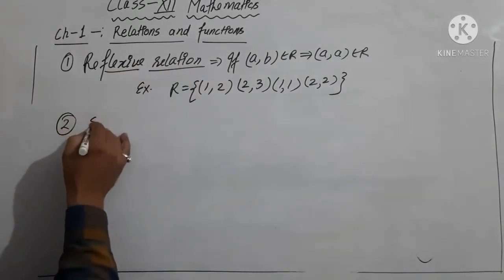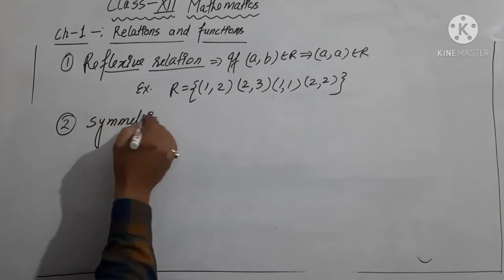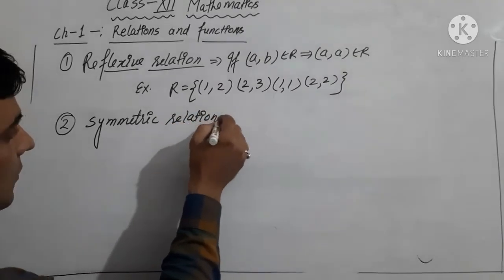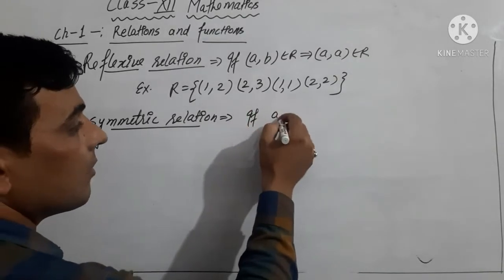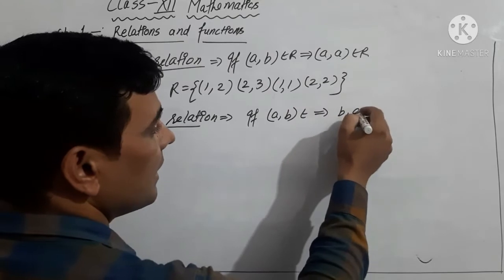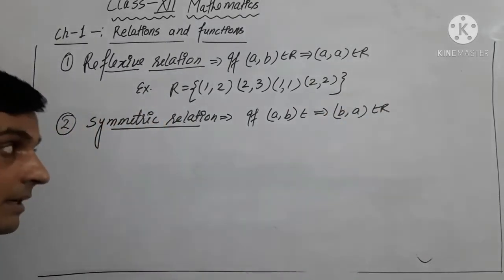Second one, symmetric relation. What is symmetric relation? Suppose if A comma B belongs to R, and this should imply that B comma A also belongs to R, then relation will be symmetric.